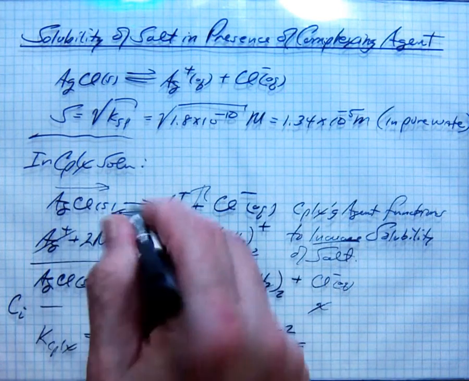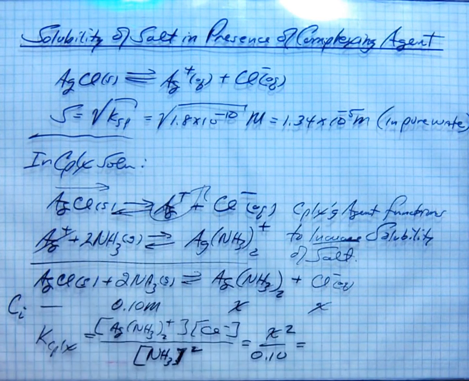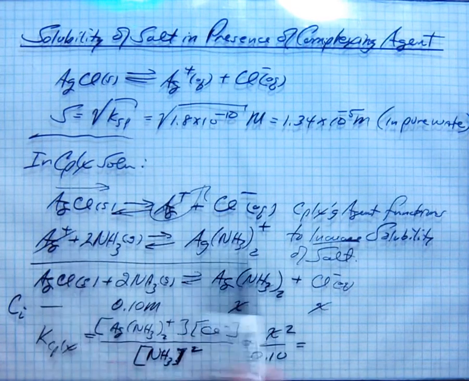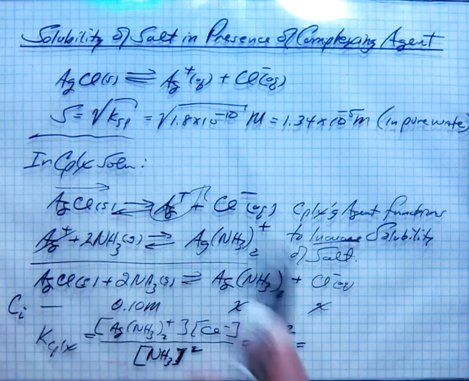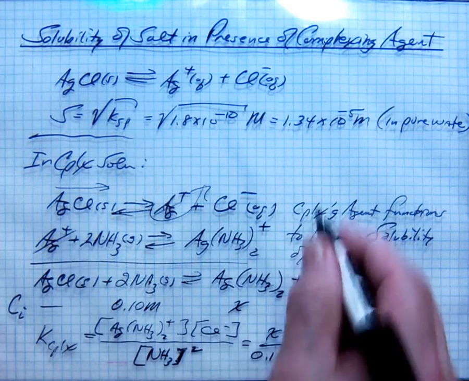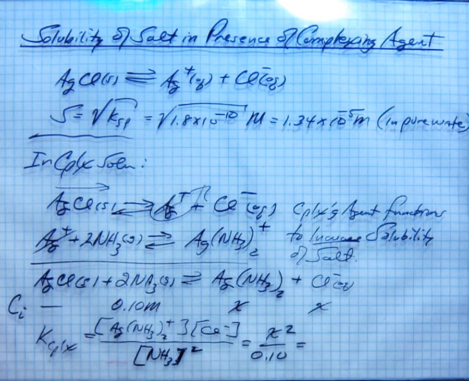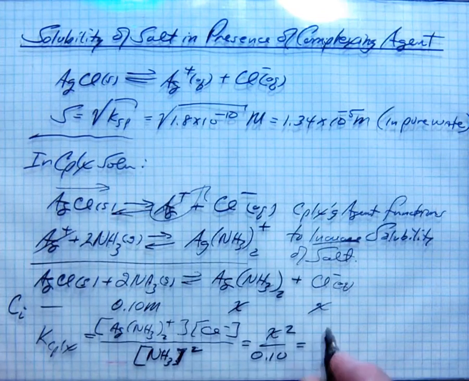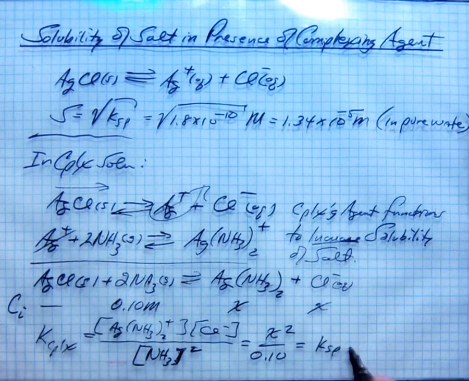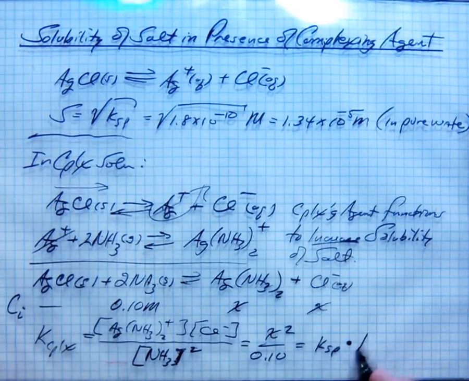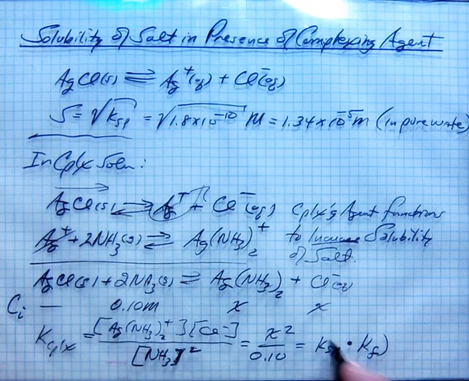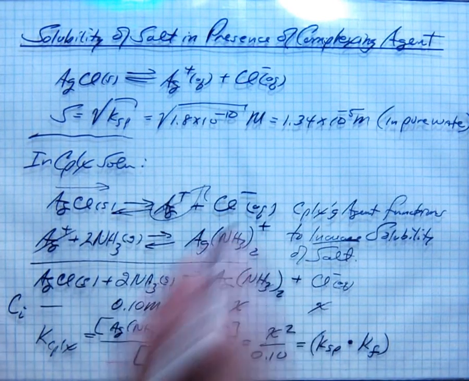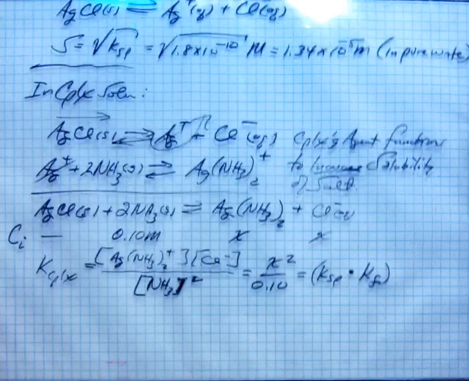However, this is a net reaction when you add the ionization reaction of the chloride to the complexing reaction here, and it is the product of the two individual K values. So this K complex would be KSP from the silver chloride times the K of formation of the silver amine complex.